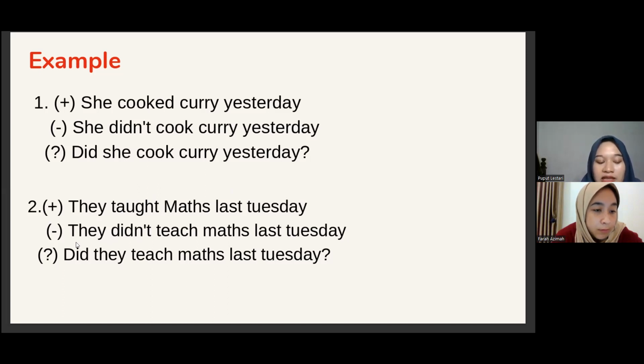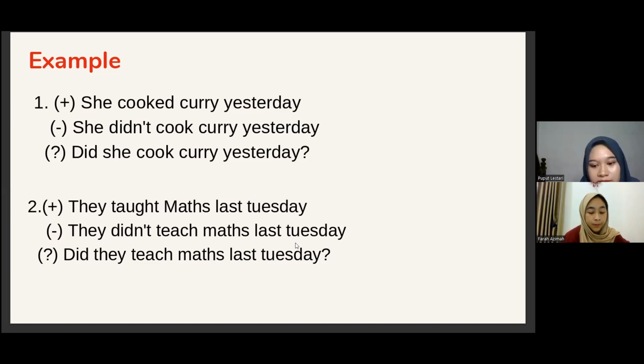In the interrogative sentence, we must remember did goes in the front, okay? And then add the subject, and then teach, we must use verb 1, because remember, verb 2 is only in the affirmative sentence. And then math is the object, and last Tuesday is the complement.